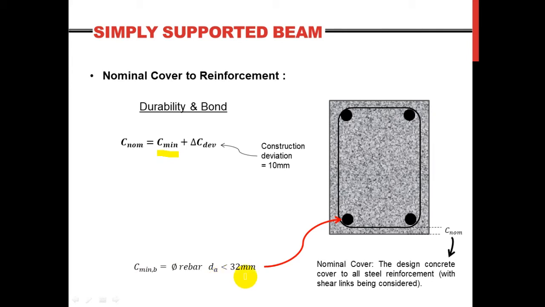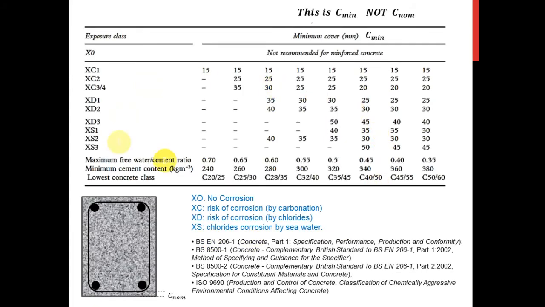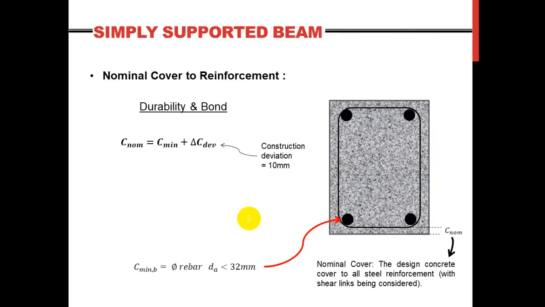So the minimum cover ensures not only one thing, but two things. Durability, as what we have seen from this table, and it also must ensure safe bond transmission of forces. So what we do in this case is that we take the maximum. It is either going to be the minimum cover for durability or for the bond, or 10 millimeter.